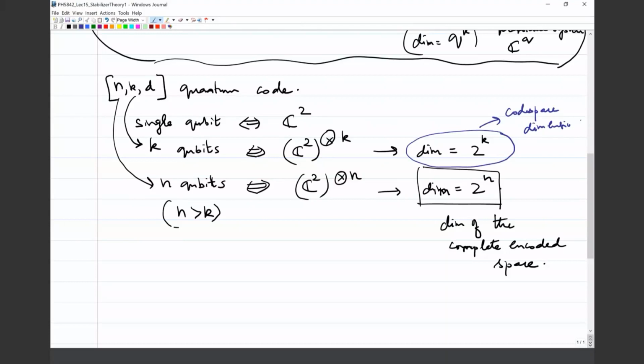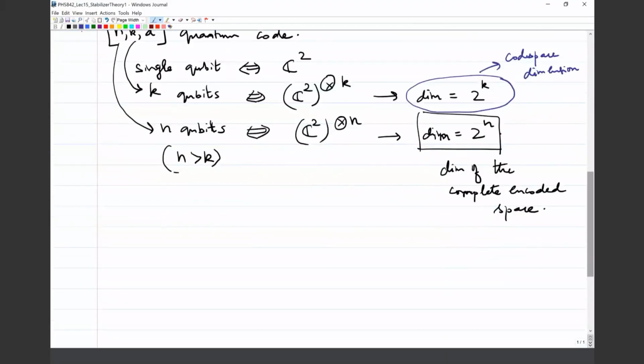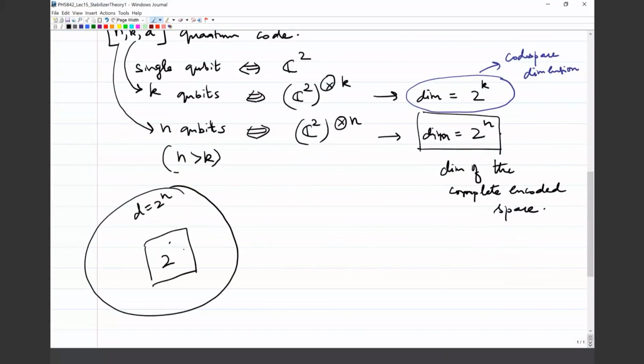So you are talking about encoding. The larger space is of dimension 2 to the n, and within that you have a 2 to the k dimension code space, right? Into which you're going to encode this k qubits worth of information. I hope the idea is clear.